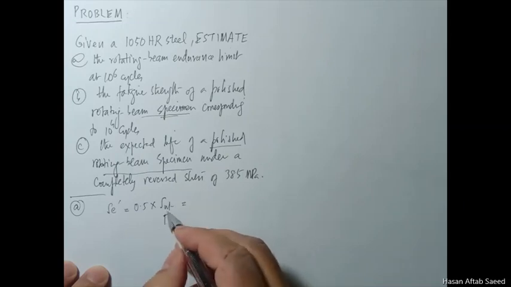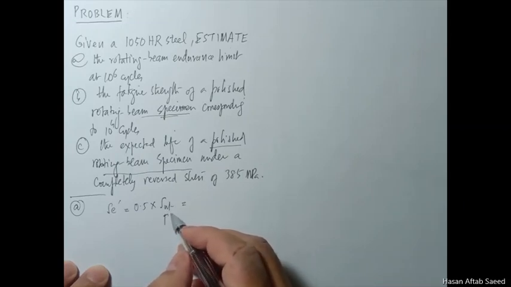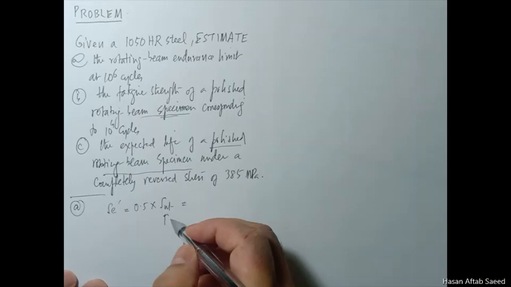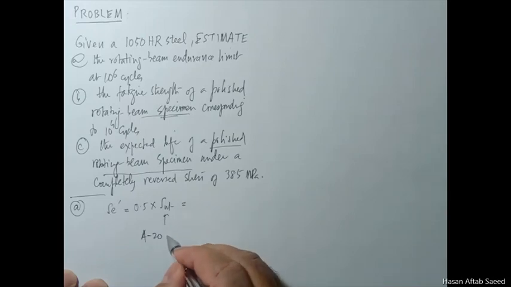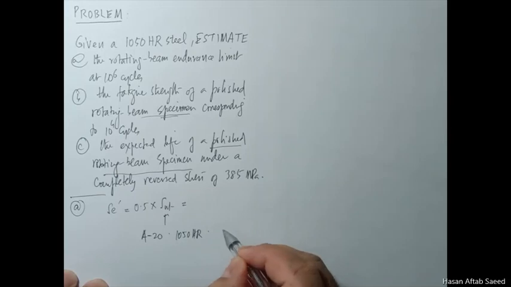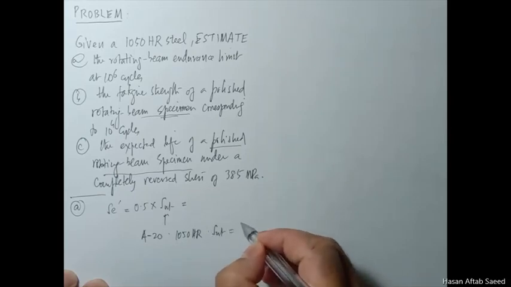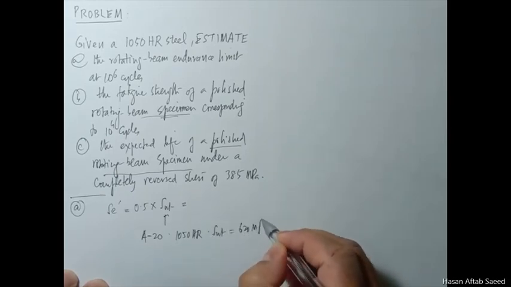If you go to the back of your book, you can find in table A20, appendix A20, that for 1050 HR steel, the SUT is equal to 620 MPa.